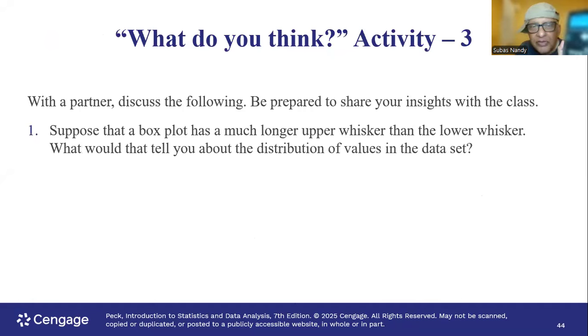Suppose that the box plot has a much longer upper whisker. Our case is the opposite; we have a much longer lower whisker. But they're saying suppose that a box plot has a much longer upper whisker than the lower whisker. What would that tell you about the distribution of values in the dataset? The whisker on the right is longer than the whisker on the left.